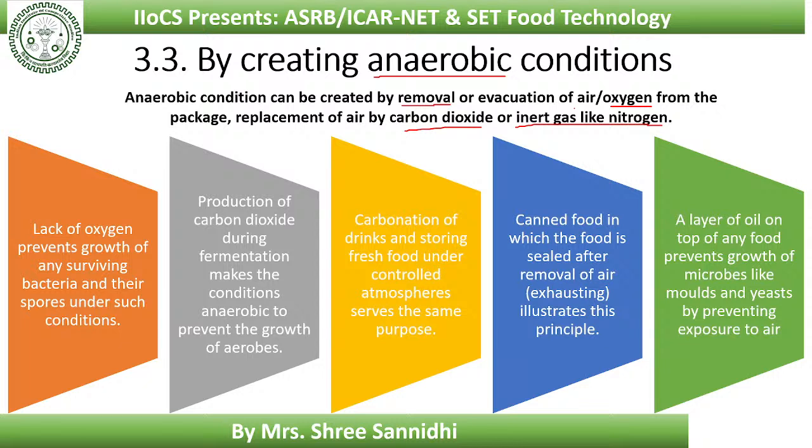Next one is production of carbon dioxide during fermentation makes the conditions anaerobic to prevent the growth of aerobes. So this is one such method where naturally the concentration of oxygen decreases and the concentration of carbon dioxide increases, which will stop the growth of aerobic bacteria.